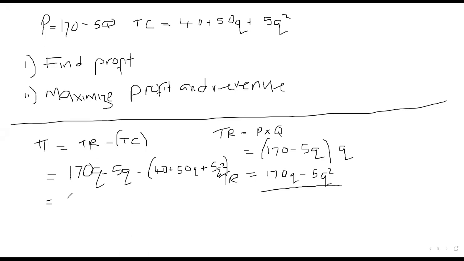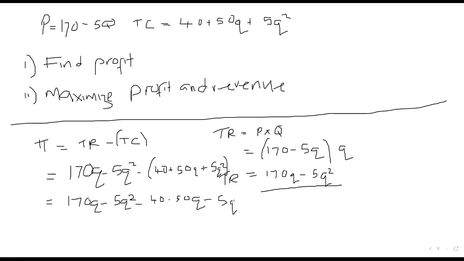Chavala, what do we do at this point? This negative negates everything here. So we're going to have minus 40, minus 50Q, minus 5Q squared.